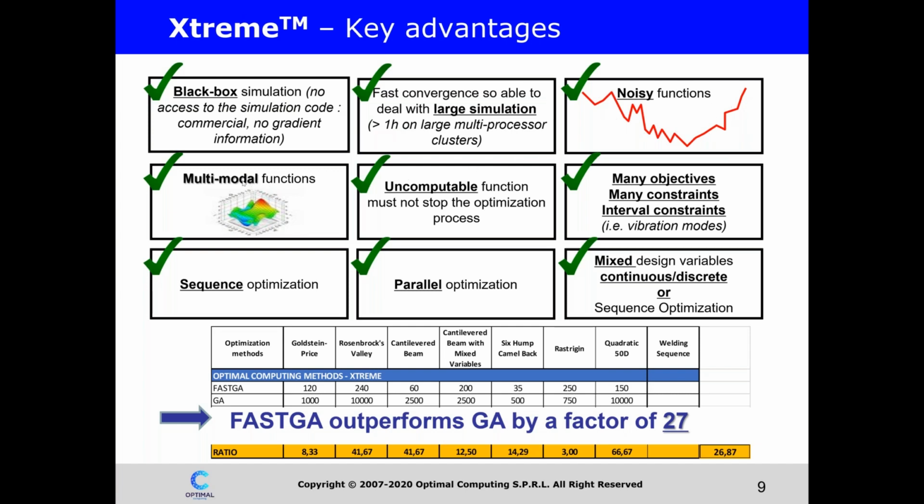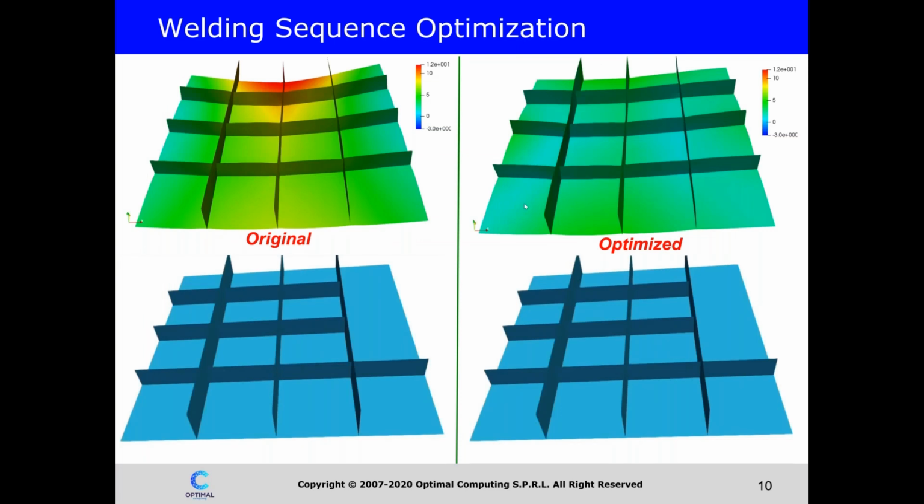It can deal with multimodal functions, meaning cases where you have a function with both local and global minima. It can deal with uncomputable functions, meaning that if you launch a simulation and this simulation does not converge or crashes for any reason, the optimizer is capable of taking this information and continuing.